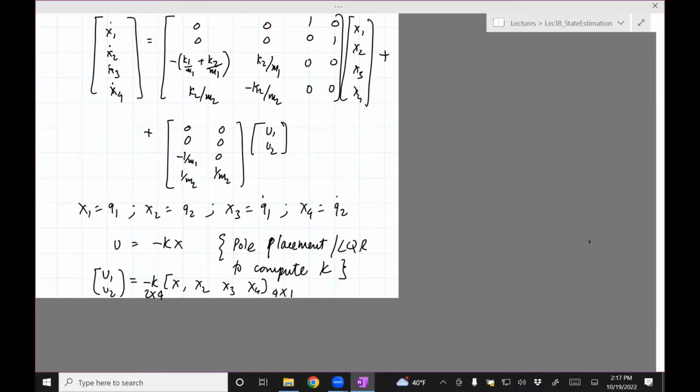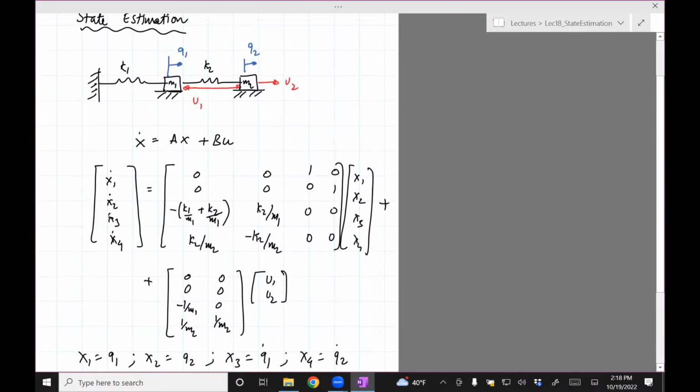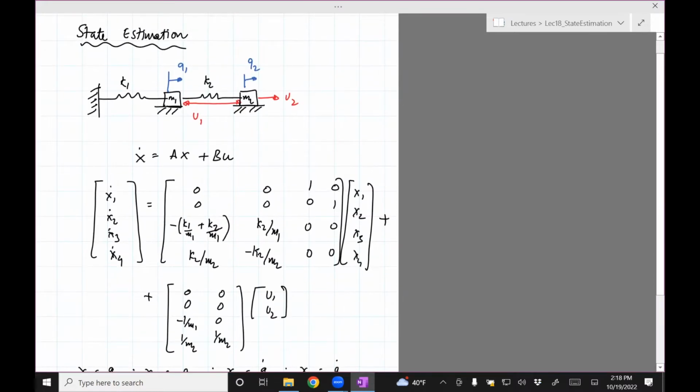So one thing we note here is that in order to do feedback control, you need to have estimates of X1, X2, X3, and X4, where these are the positions, Q1 and Q2, and the velocities, Q1 dot and Q2 dot. If you want to physically build a system like this and control it, you would have to measure these 4 things, which means you'll have to have 2 sensors to measure the positions and 2 sensors to measure the velocities.